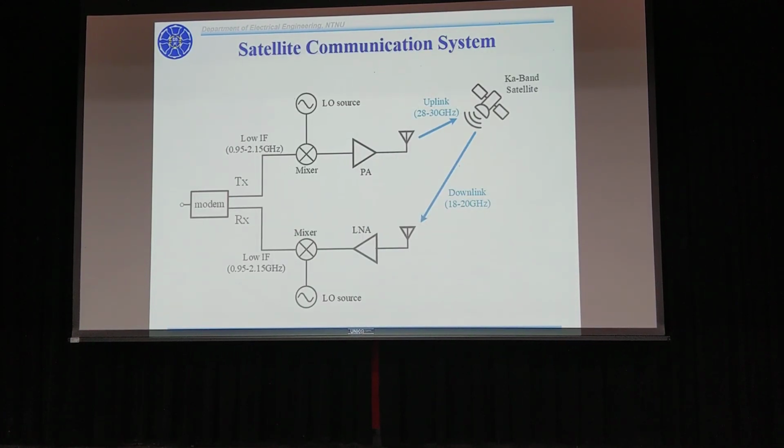So you mean that there's a bandwidth limitation? Yes, because as a satellite communication system, the downlink bandwidth is 18 to 20 gigahertz, and our circuit will be put at the downlink. And you said the suggested range is 17 to 21 gigahertz. So it can cover the downlink bandwidth. Okay, thank you.